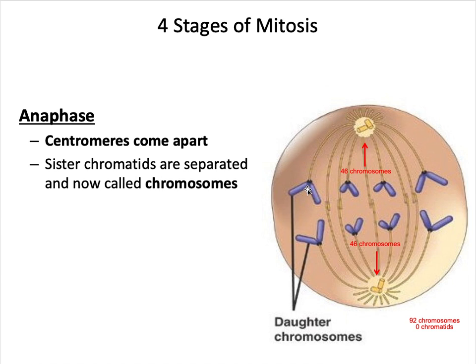So now this is a chromosome, this is a chromosome, and so on. In order for your chromatids to split, the centromere that was holding them together has to split as well, or come apart.